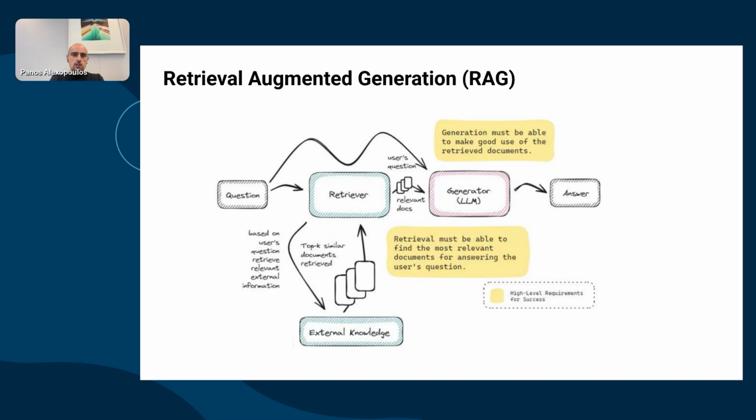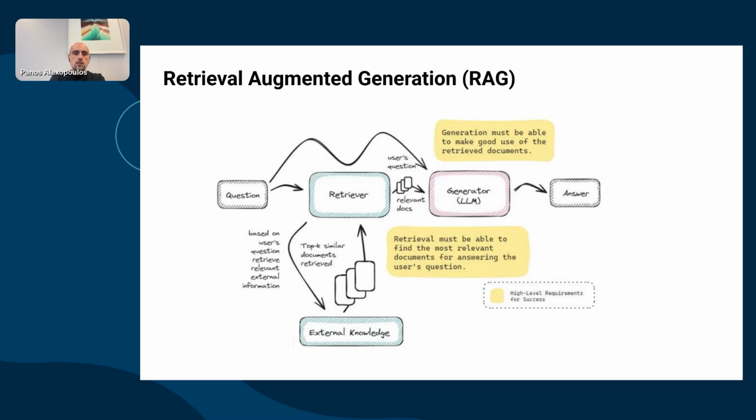So the way a RAG architecture works is as follows. We have a question, and before we feed it to the LLM, we give it to a retriever. The retriever is actually an information retrieval system, a search engine if you like, which from the documents in our external knowledge base will retrieve the top K documents, usually those similar to the question.